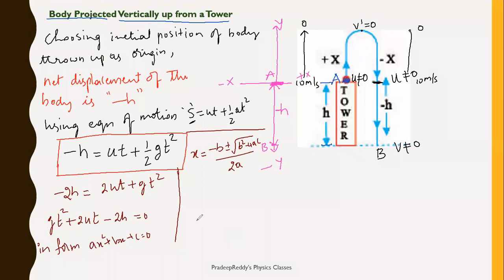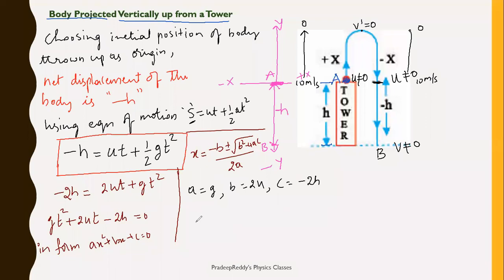Okay. Now, in this expression, you can write a is equal to g and b is equal to 2u, c is equal to minus 2h. Substitute in this, x is equal to t.